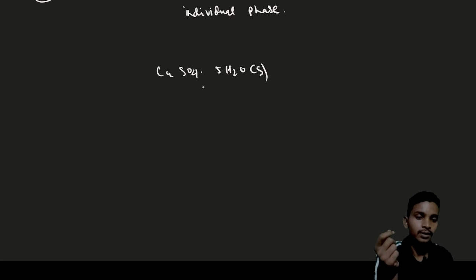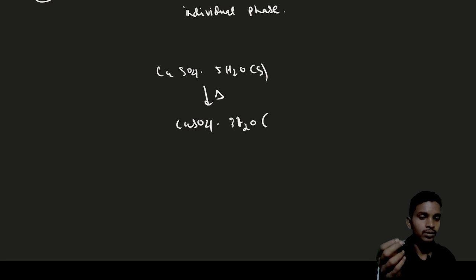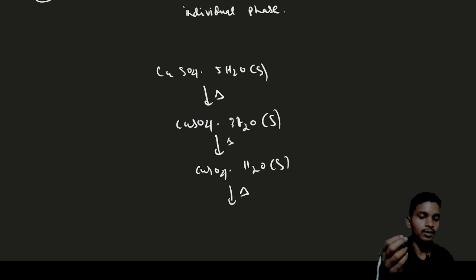This is one solid, and if we heat it, it becomes CuSO4 3H2O. This is also a solid, and if we heat it again, it becomes CuSO4 H2O, and heating again gives CuSO4. So each hydrate gives one pH.